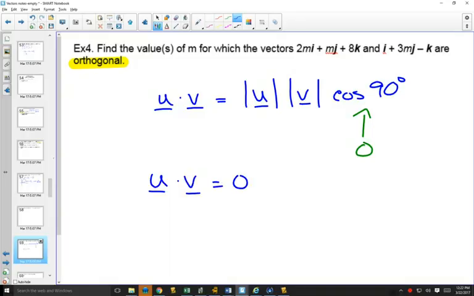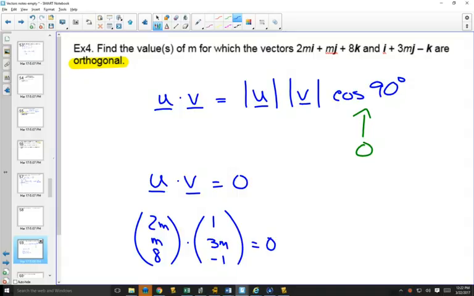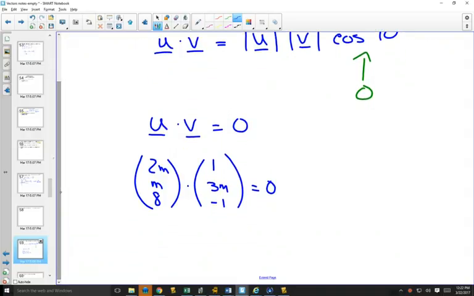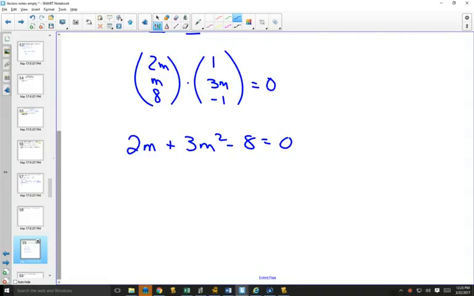And if I take my vectors, this vector is (2m, m, 8) dot, and this vector is (1, 3m, m minus 1), and that has to equal 0. If I multiply this out, I'm going to get 2m plus 3m squared minus 8 equals 0.